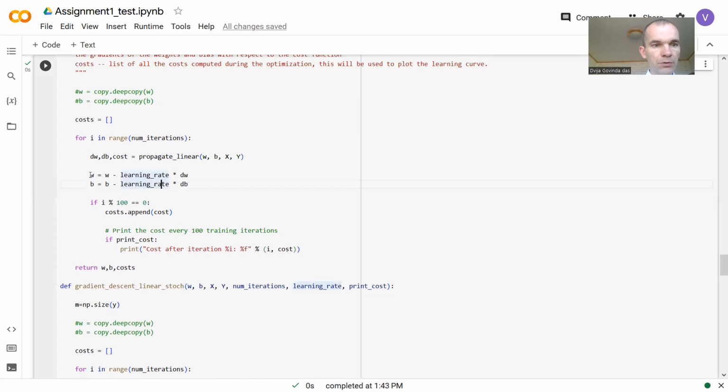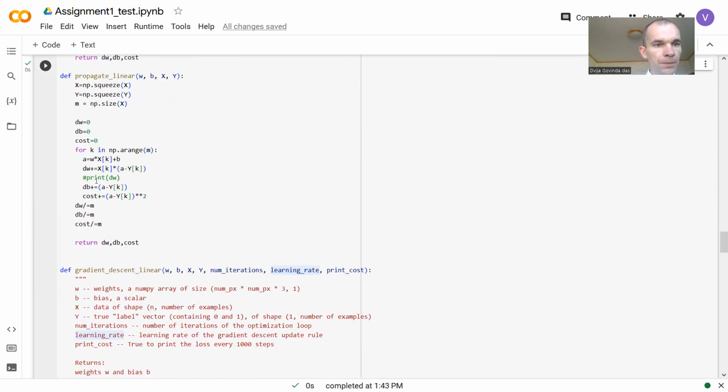This is the update of W and B. At each iteration of gradient descent, for all our data points, we have to accumulate the gradients of W and B, and also accumulate the cost function. So it should be done at every iteration. We must go across the whole data set.